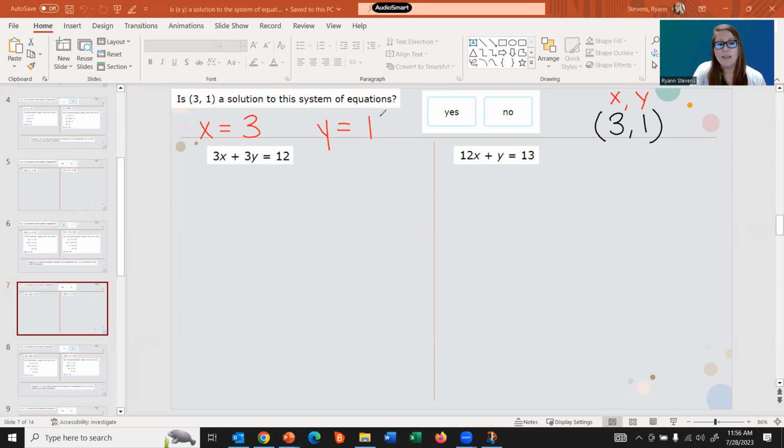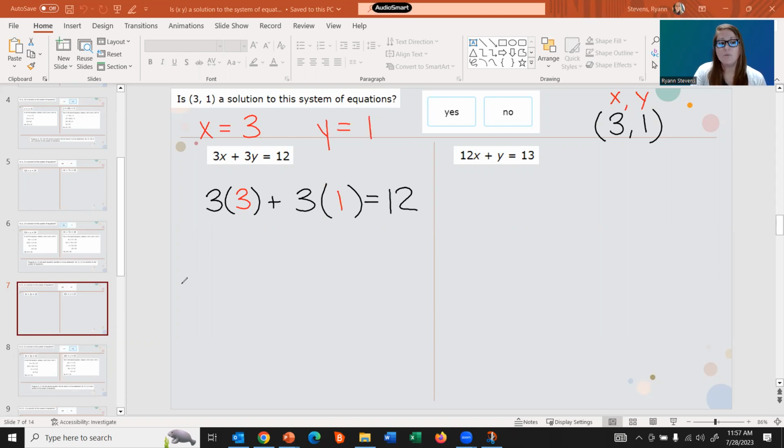So we're going to go through this equation, starting with the first one. So 3, and then we have an x. Instead of writing x, we're going to plug in the value of 3. We're substituting, plus 3. Now we have y. So instead of the 3 for x, we're going to plug in a 1 for y, is equal to 12.